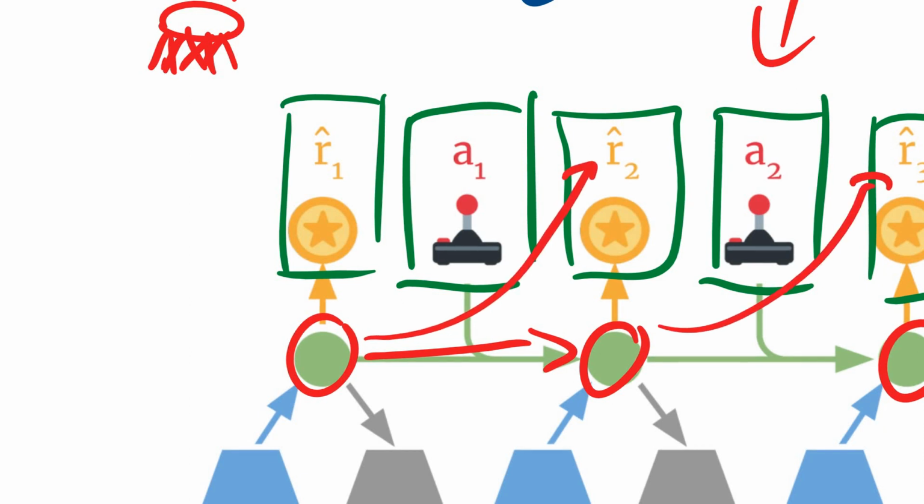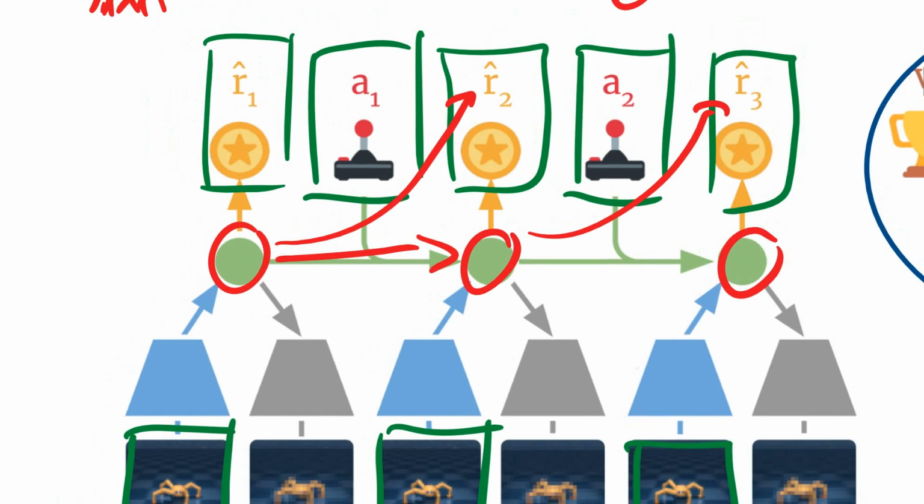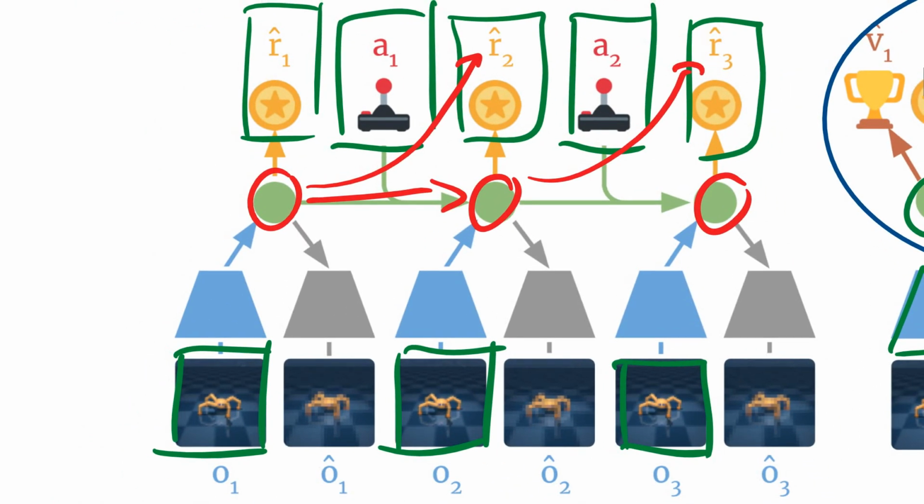So as we already said, you can do this by encoding the state using, for example, a CNN, and then using an LSTM in order to incorporate this over time. So what you learn is the transition from one hidden state to the next hidden state, and you also learn how the observation goes into the hidden state.